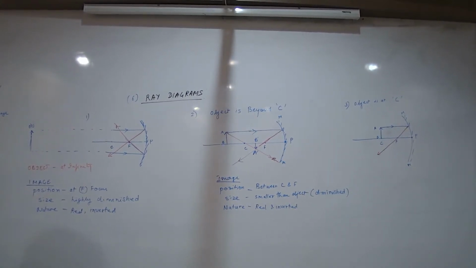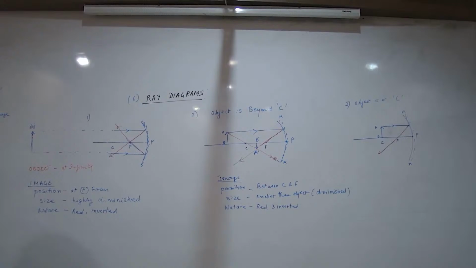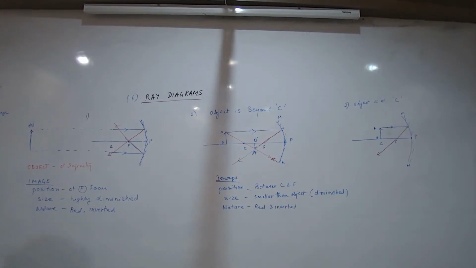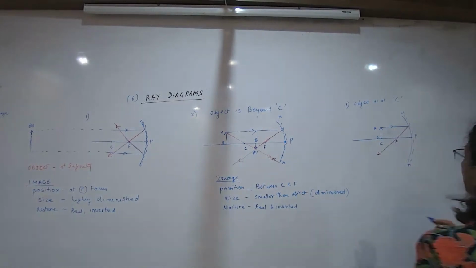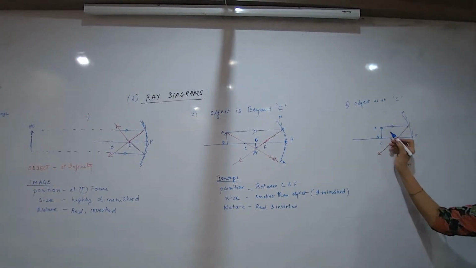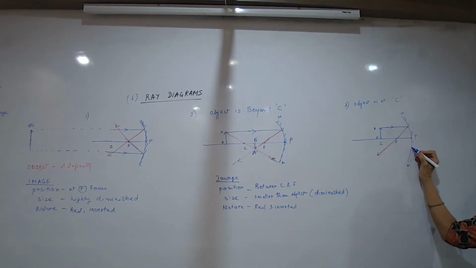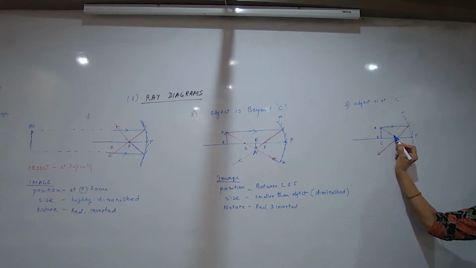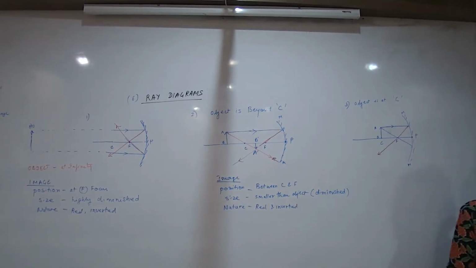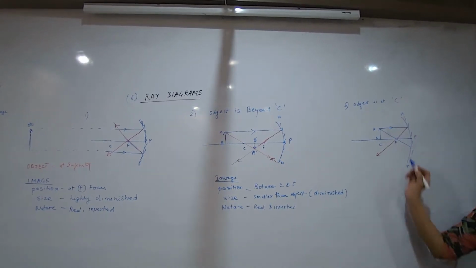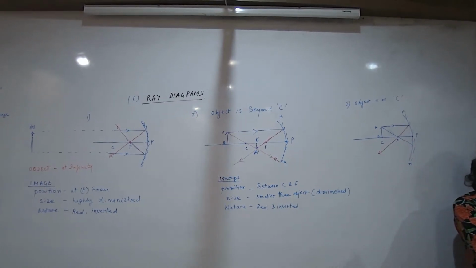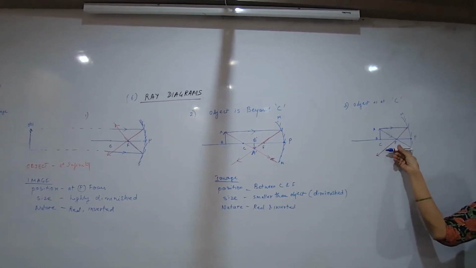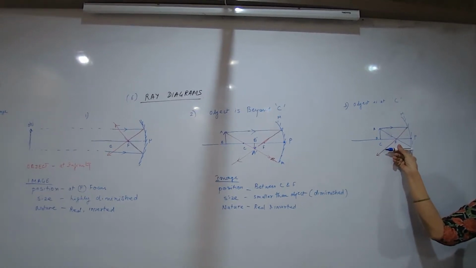A ray passing through F, after reflection, will become parallel to the principal axis. Look at the board, everyone, and understand what we are doing. This is your incident ray, and after reflection it becomes parallel to the principal axis.